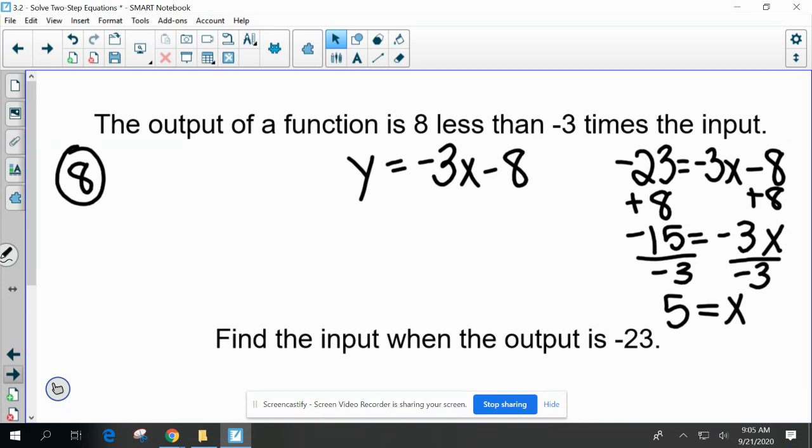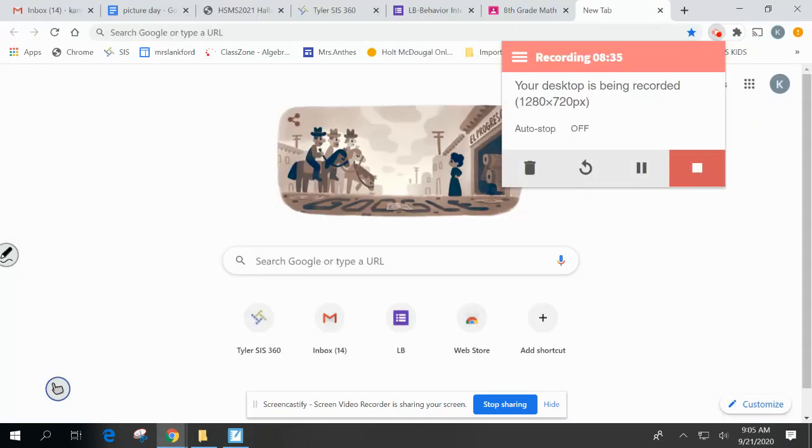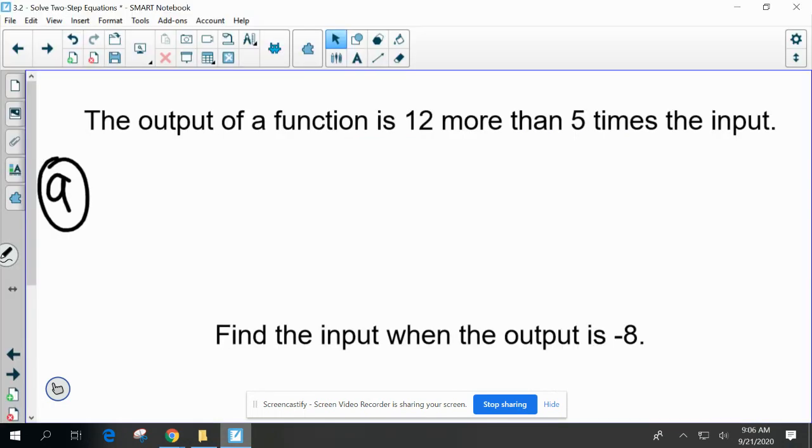Okay, I'm going to have you guys try number 9 on your own. All right, what did you get for your equation? Y equals what? Yep, 5x plus 12, and then my output is negative 8.